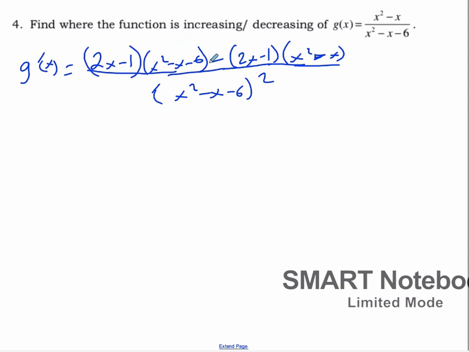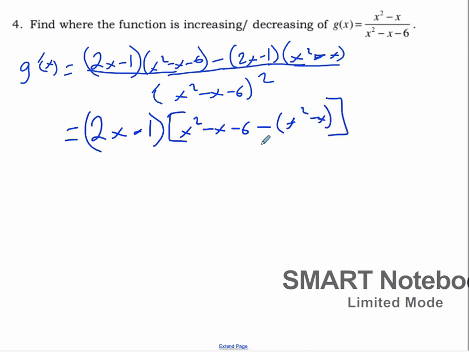Notice you have a 2x minus 1 in both cases, so you can actually factor that out. So I factor out 2x minus 1. Inside the brackets, I've got x squared minus x minus 6 minus x squared minus x. And the denominator stays the same.